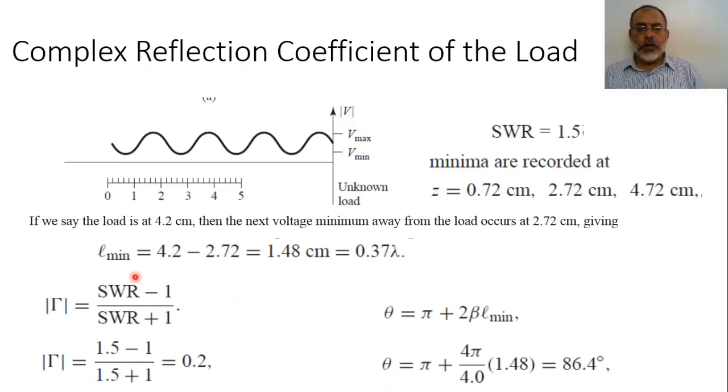Now, if this L minimum is 0.37 lambda, the angle theta of the reflection coefficient of the unknown load would be pi plus 2 beta L. So this is 2 multiplied by 2 pi over lambda multiplied by 0.37 lambda, which is 4 pi over lambda multiplied by 1.48.